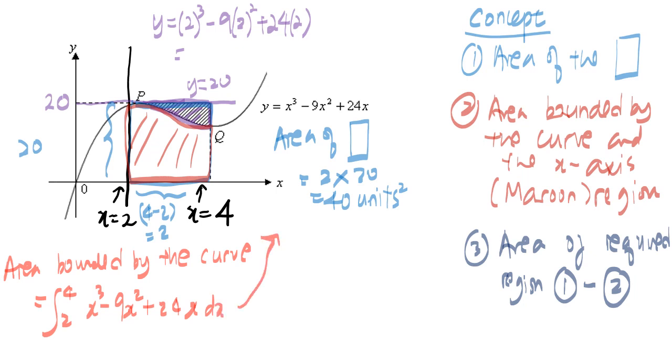Alright, so that's integrated. You get x to the power of 4 over 4 minus 9 over 1, x to the power of 3 over 3, plus 24 over 1, x squared over 2. Then you put in the limits from 2 to 4.